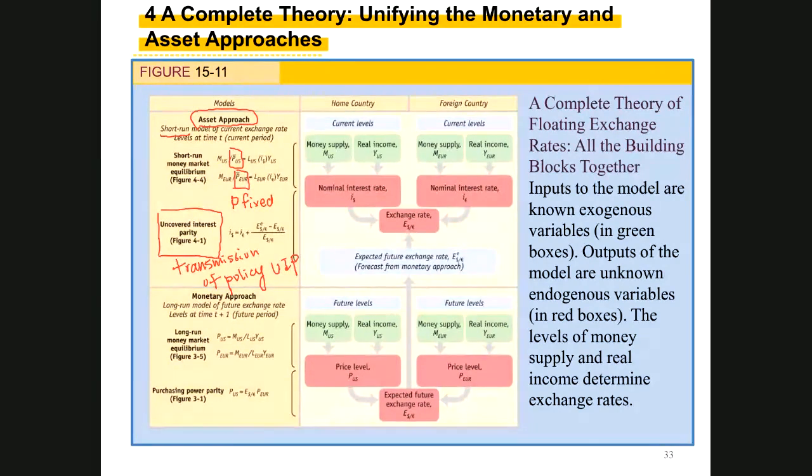While in chapter 14, this is chapter 15, we focused on the monetary approach, and we simply put down the Keynesian model in the money market, right? And we finally apply PPP to find out the long run exchange rate.